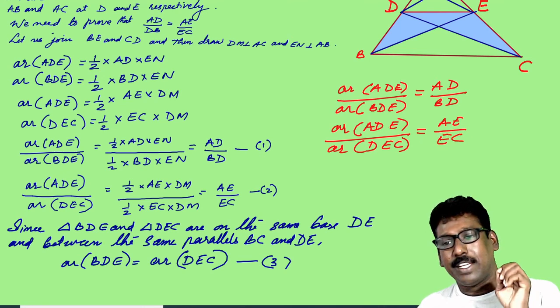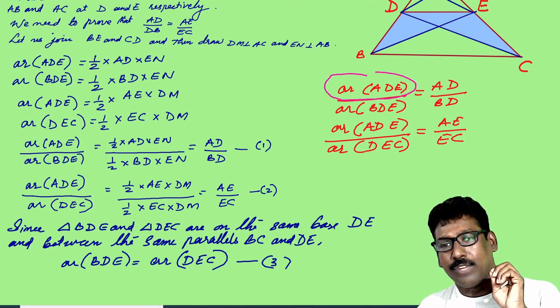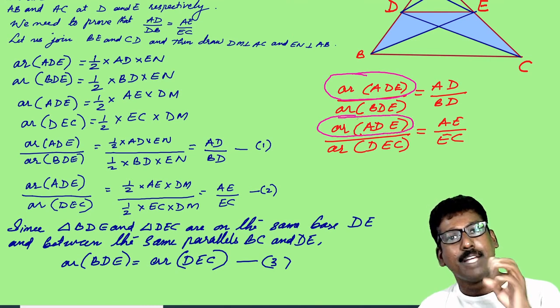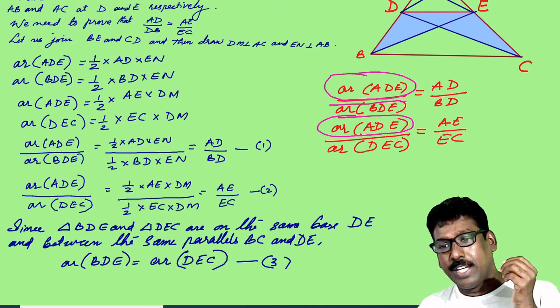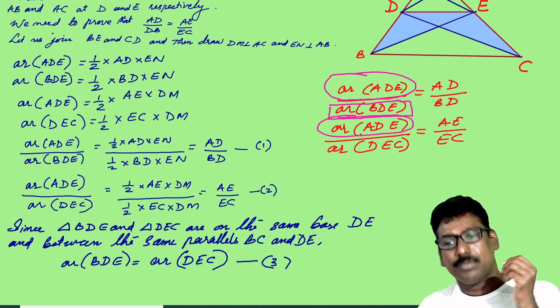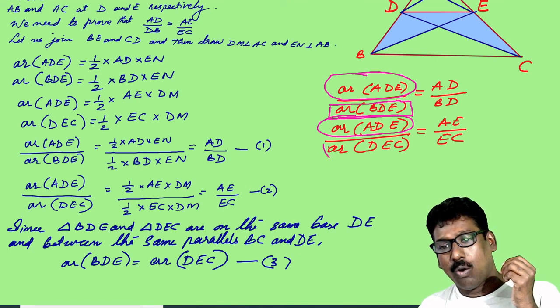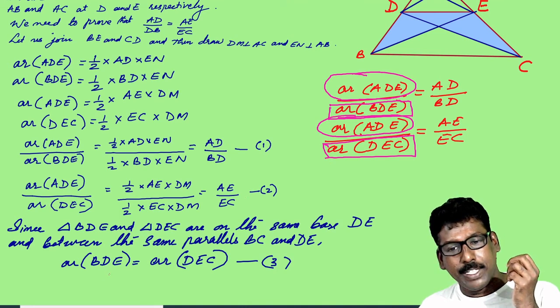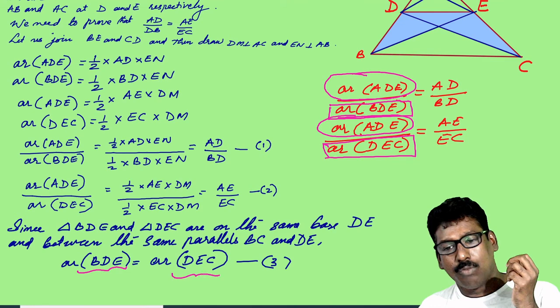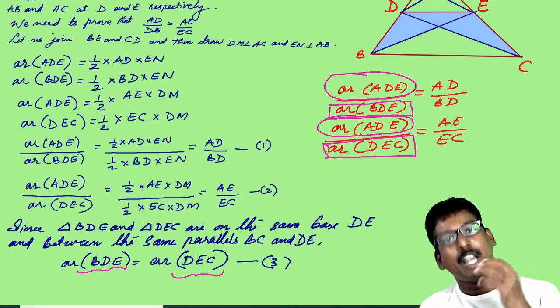Now let us take the LHS. What is the numerator of each equation? Here it is area of ADE, and in the second equation also area of ADE. That means numerators are equal. What about the denominator? Here it is area of BDE and here it is area of DEC. Are they equal? Look at the third equation. Area of BDE is equal to area of DEC. That means that is also equal.